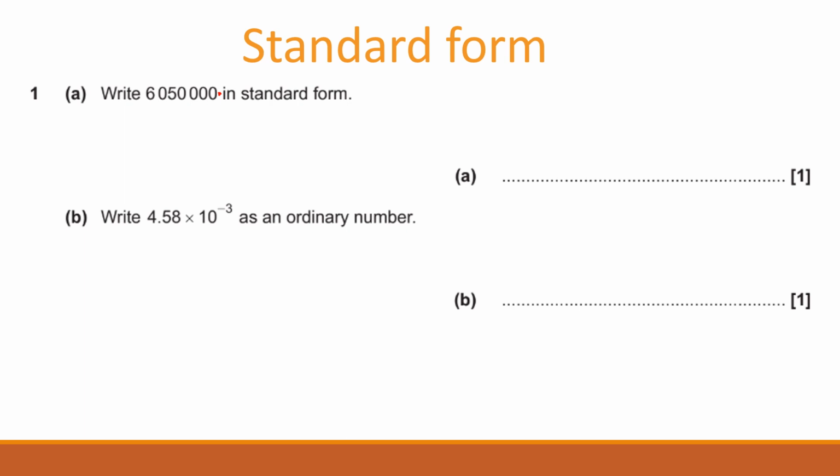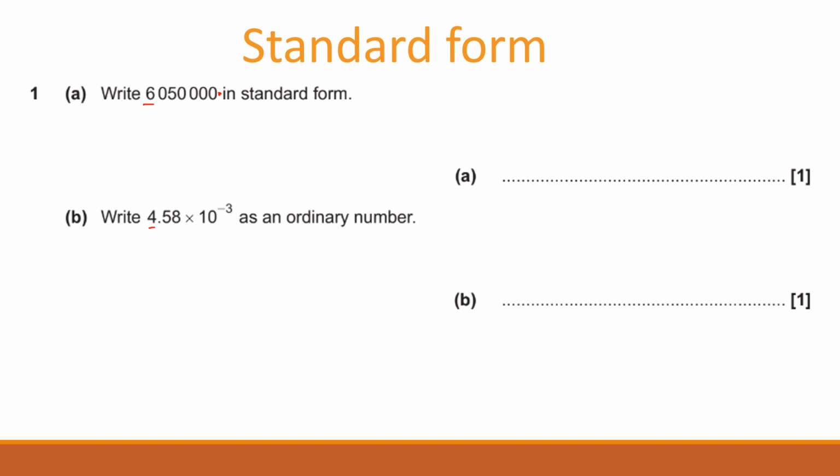So to write any number in standard form, there is always one non-zero digit at the beginning of the number. If you see in part B there, there is one non-zero digit before that decimal point appears. So the decimal point is going to go between the 6 and the 0, and we've got to work out how many times the decimal point moves to the left to go between the 6 and the 0.